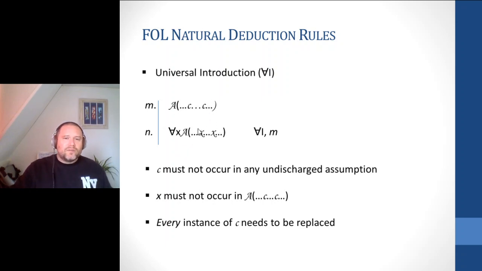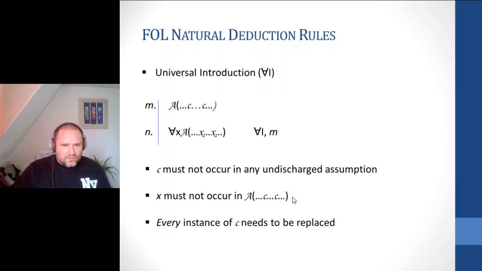The important things to note are the restrictions here. The name that we're going to replace can't occur in any undischarged assumptions. So, for example, you could never do universal introduction if the sentence you wanted to use here was one of your starting assumptions, because you never discharge those. So C can't be in an undischarged assumption, and the variable that we want to attach here can't occur in this sentence.